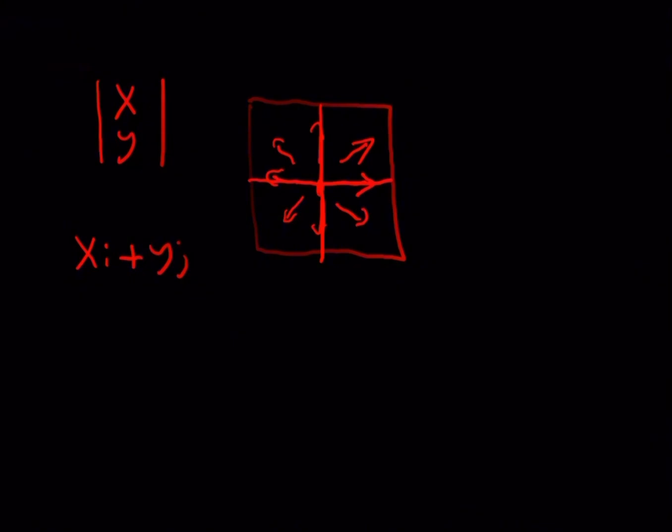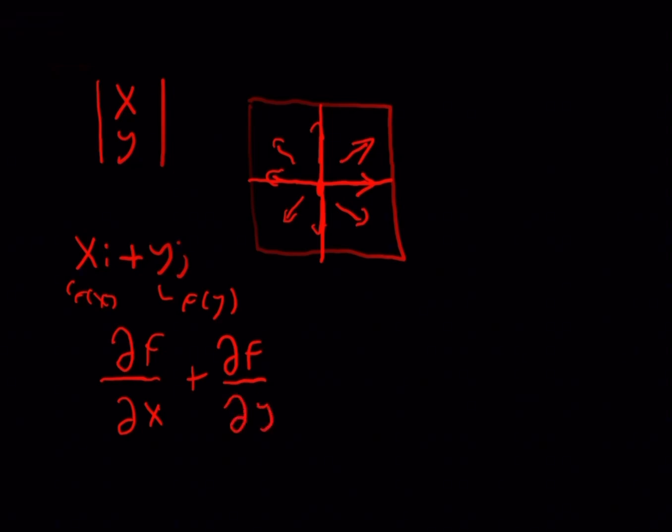So let's calculate the divergence of this. We're going to do the partial derivative of, let's say, this function, which is f of x, and this is f of y. We're going to do the partial derivative of f with respect to x plus the partial derivative of f with respect to y. Let's do f1 for the sake of notation.